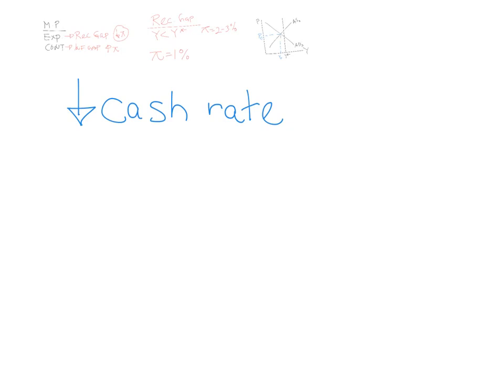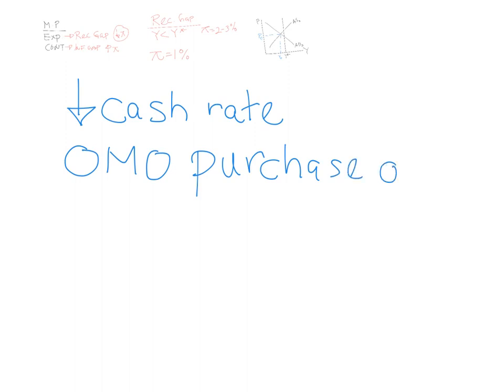And that would involve an open market operation, whereby they will want to increase the money supply. So what they will do is an open market operation purchase of government securities will occur.